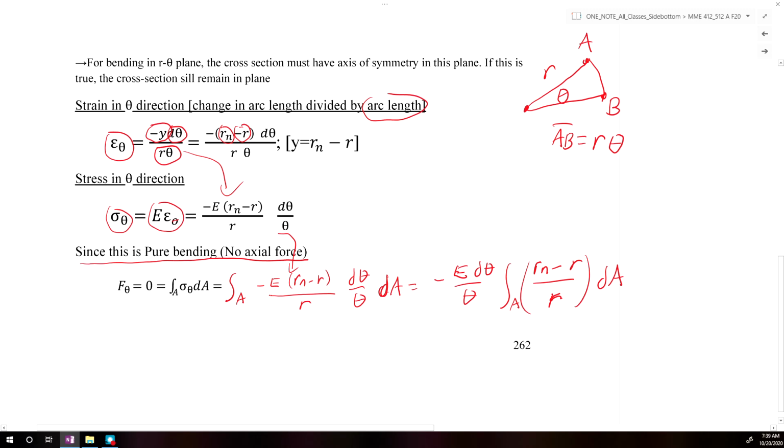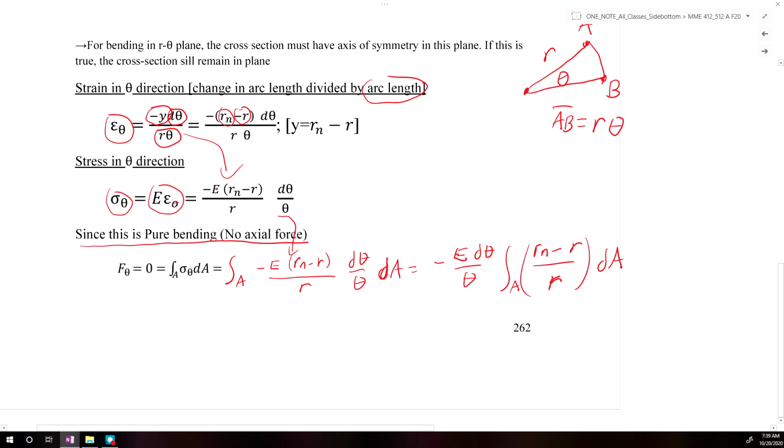If we go to the next page, we're going to take this equation and divide both the Rn and the negative R terms by R, and we'll distribute our integral, breaking it into two separate integrals.